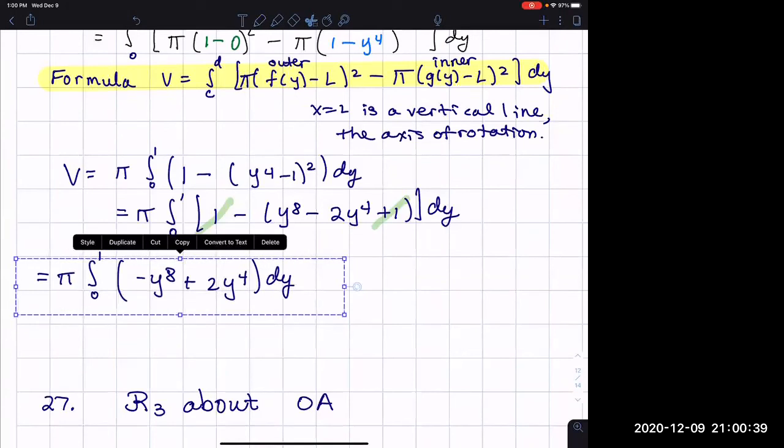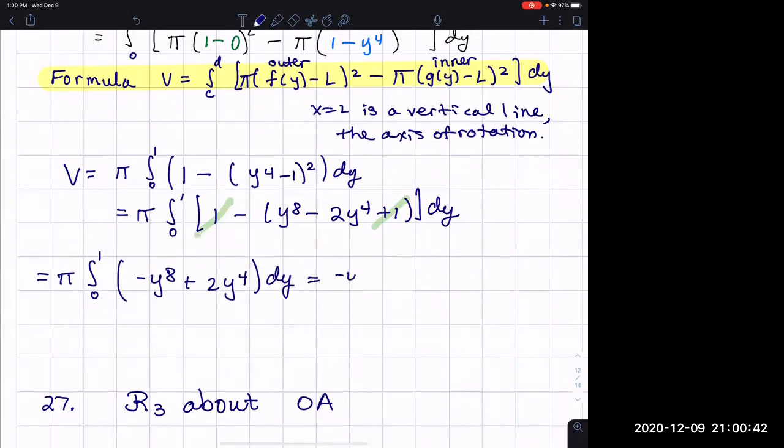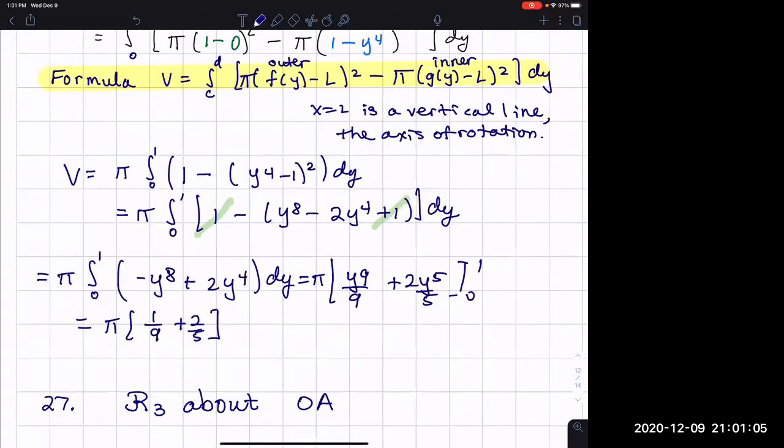Can't have negative. Okay, so I'll have negative y to the ninth over 9 plus 2y to the fifth over 5 from 0 to 1, all of that times pi. So that equals pi. Putting in 1 gives 1/9 plus 2/5, but I think I dropped a negative. There's a negative 1/9 plus 2/5. And then putting in 0, you just subtract 0 and get 0.